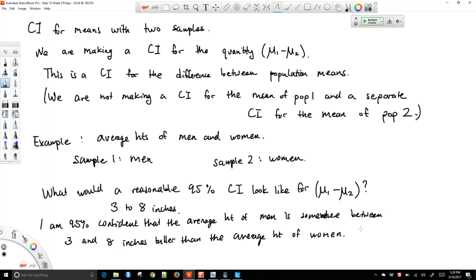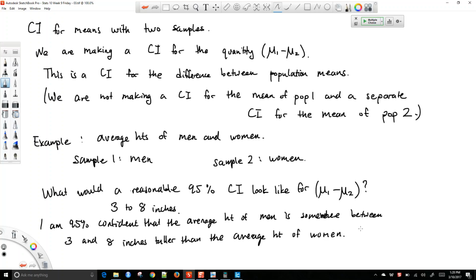Now, of course, if you pick a random person here and a random person there, their height difference might be wildly different. You could have a negative height difference, or a very drastic one. But this is about the mean height of the entire population of men and the mean height of the entire population of women.